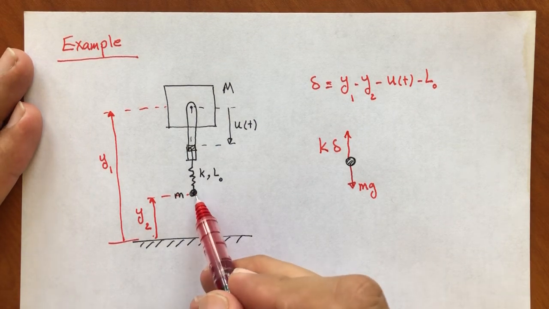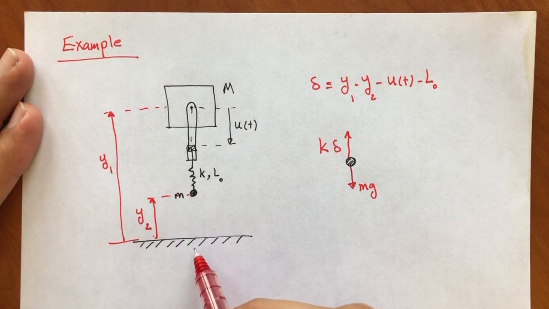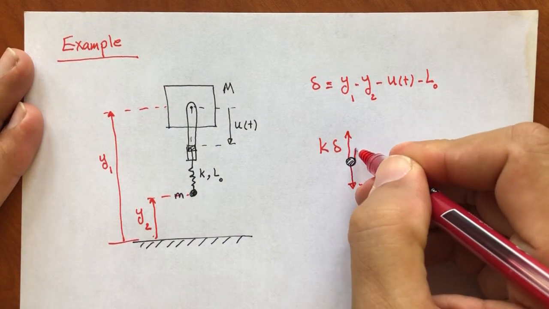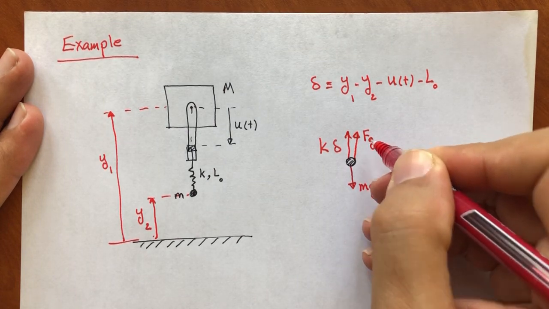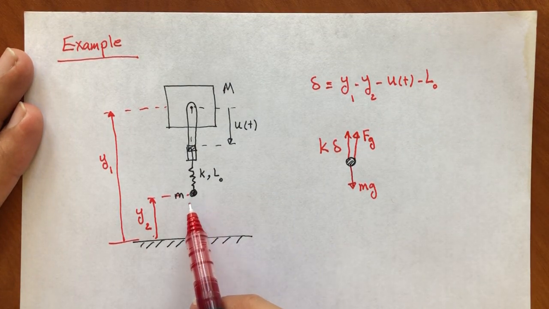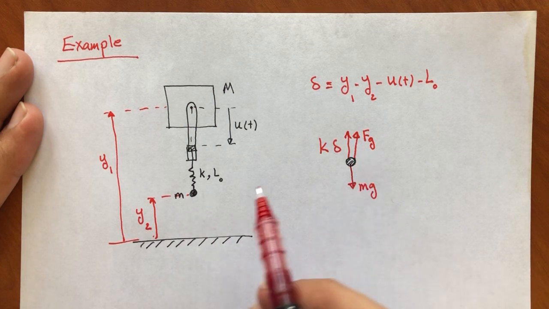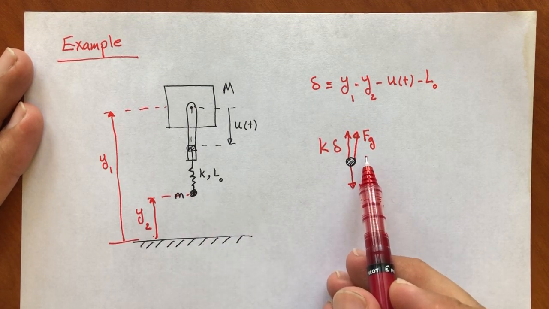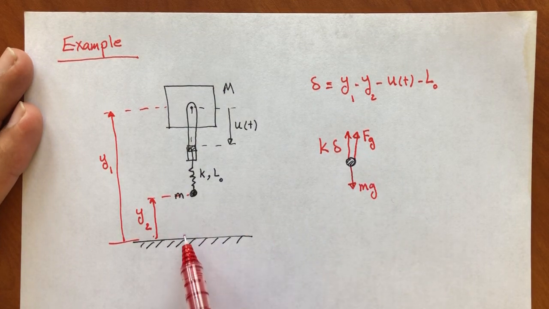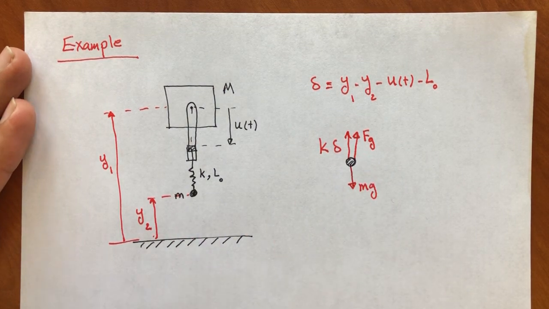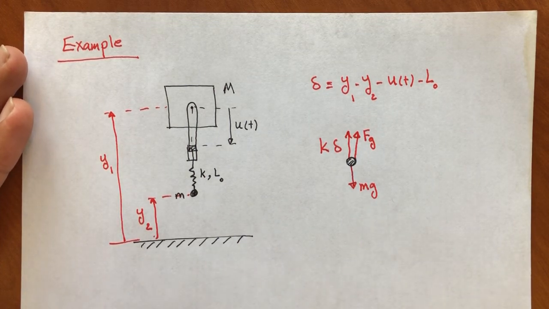And also, whenever it touches the ground, we are going to have a force from the ground as well. I'm going to put a force here, and let's call it Fg, force from the ground, which is going to be 0 when y2 is positive. But we are going to have some force here. Fg is going to be non-zero when y2 is 0 or negative. I'll come back to that later.